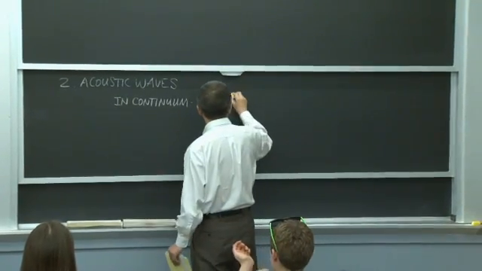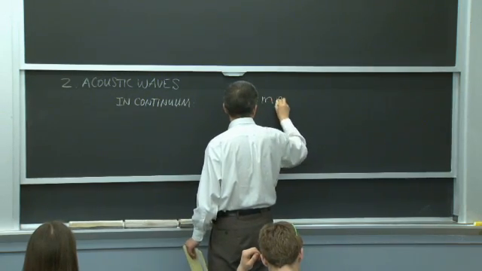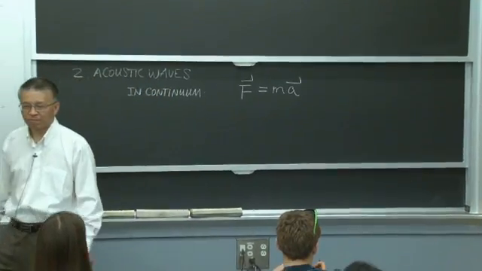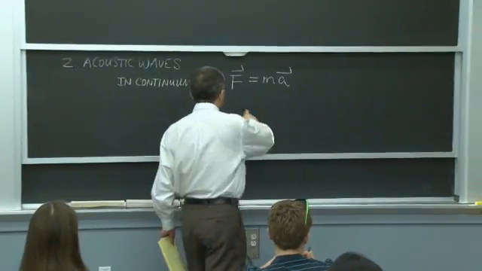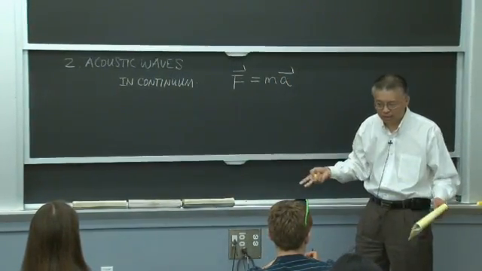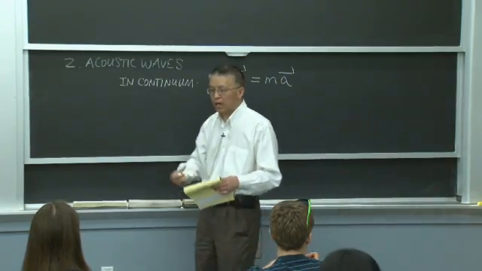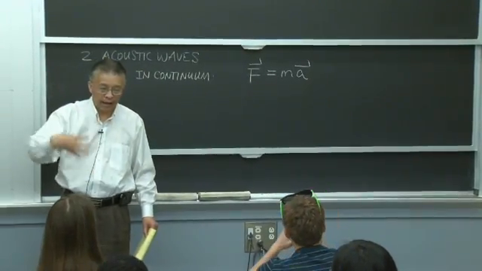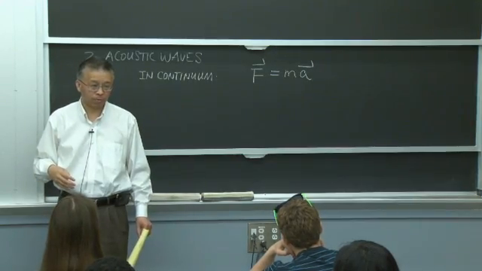And the way to derive that equation is, say, starting from F equals ma. Right? There are not many equations. And so with F equals ma, we need to convert this into the atomic displacement. Because acoustic wave is essentially the atoms, the material displaced from equilibrium position.